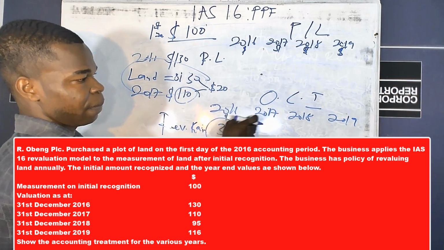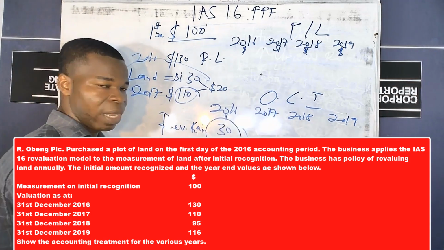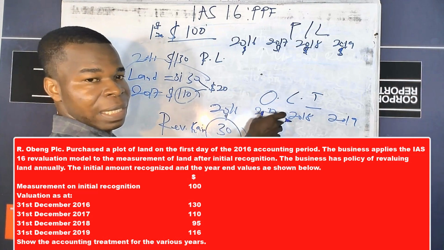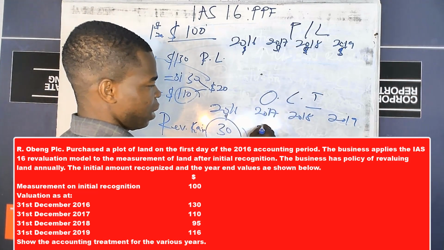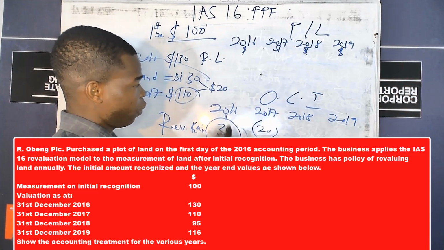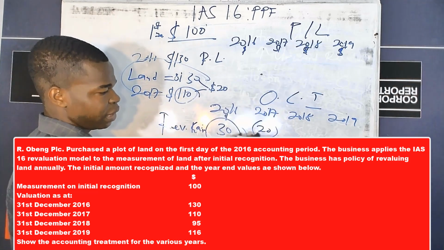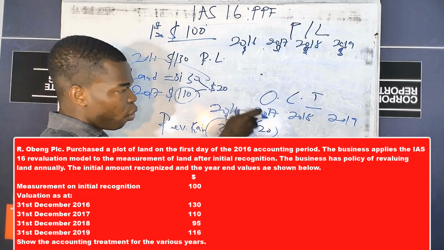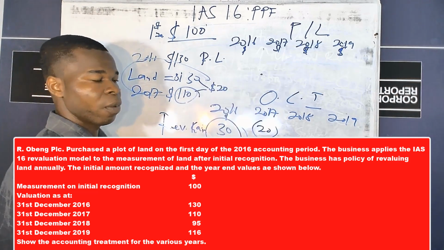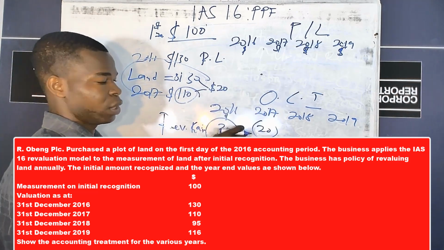So in 2017, here we are not going to do anything over here. You come here and debit in the OCI account, revaluation surplus, revaluation loss of 20, which will cancel this one. The reason why all the 20 is coming here is because all the 20 can be catered for by the opening revaluation gain.